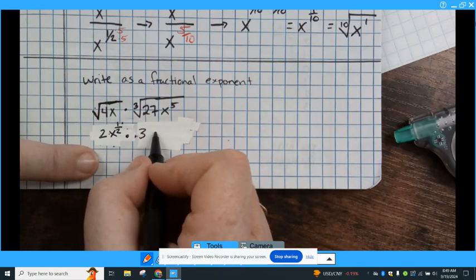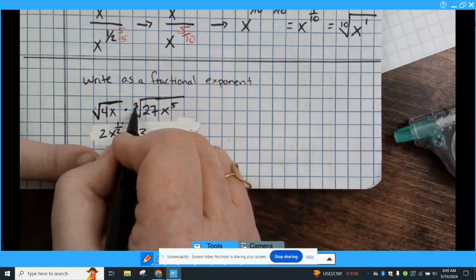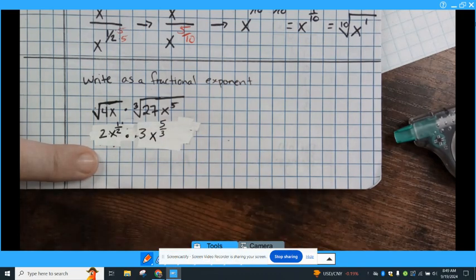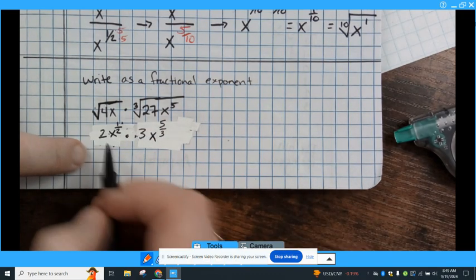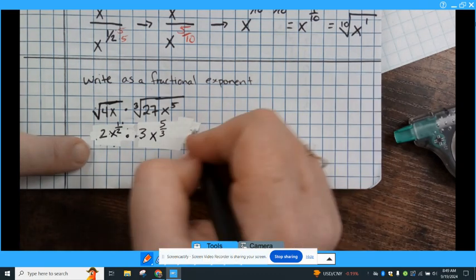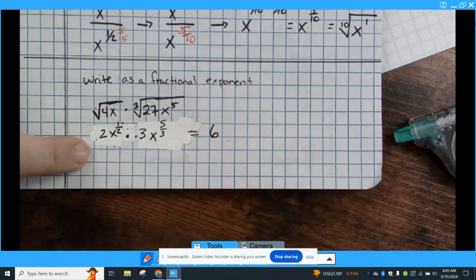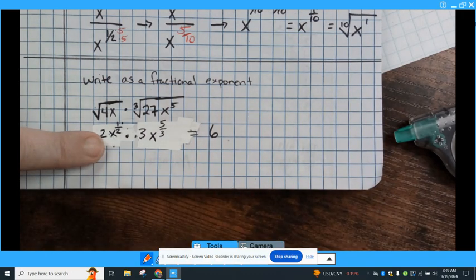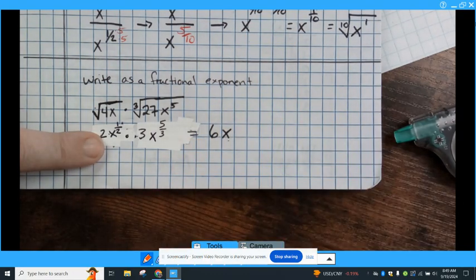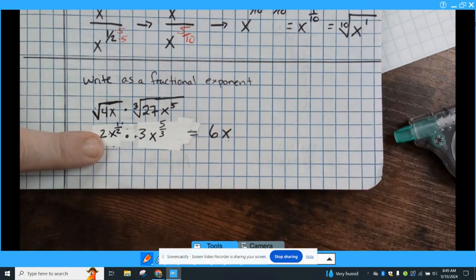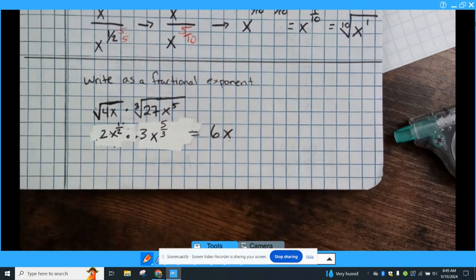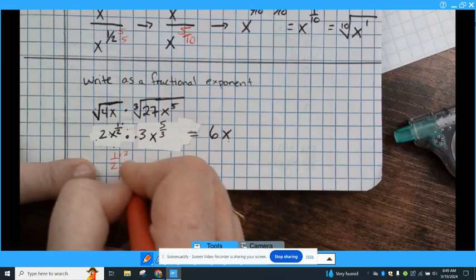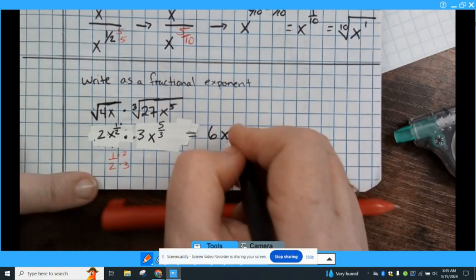So we write that as an exponent, x to the, my denominator is 3, my numerator is 5. So now I can use 2 times 3 is 6. And I'm going to change these exponents into fractions that have the same denominator. The same denominator is going to be 6. So 1/2 times 3 is going to be 3 over 6.